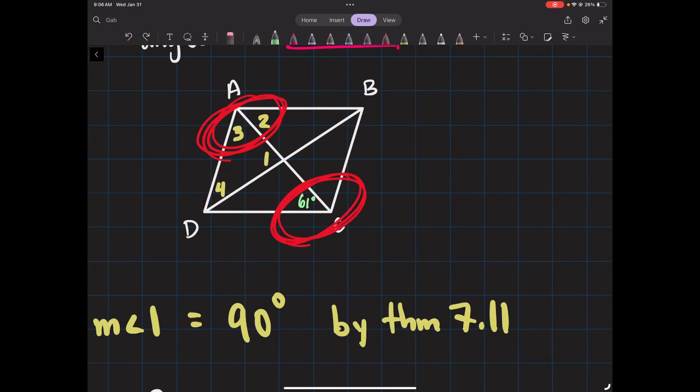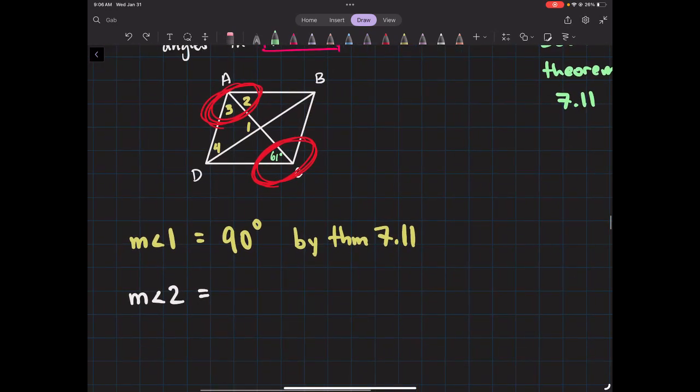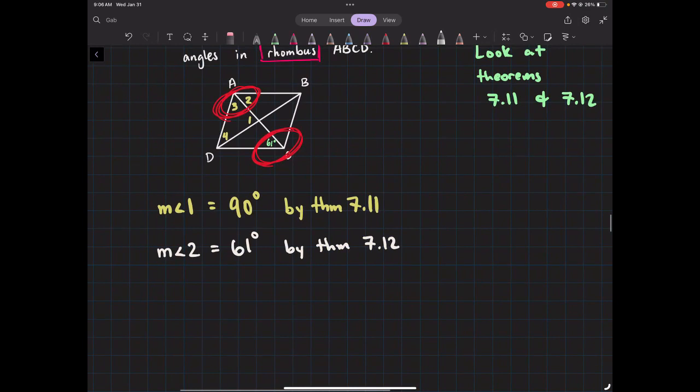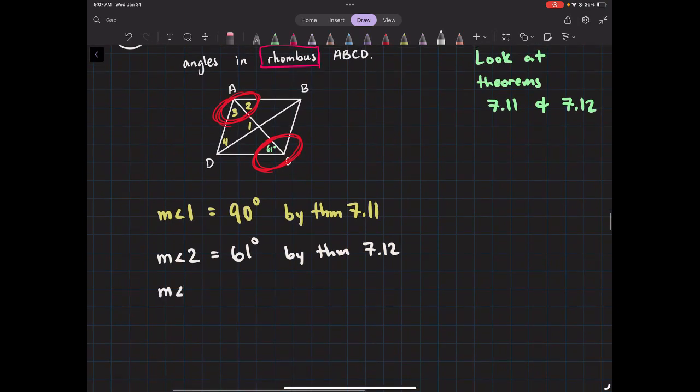So that means over here in the red, measure angle 2 is going to be 61 degrees by theorem 7.12. And that also means measure angle 3 is the same thing. So measure angle 3 is also 61 degrees by the same theorem.